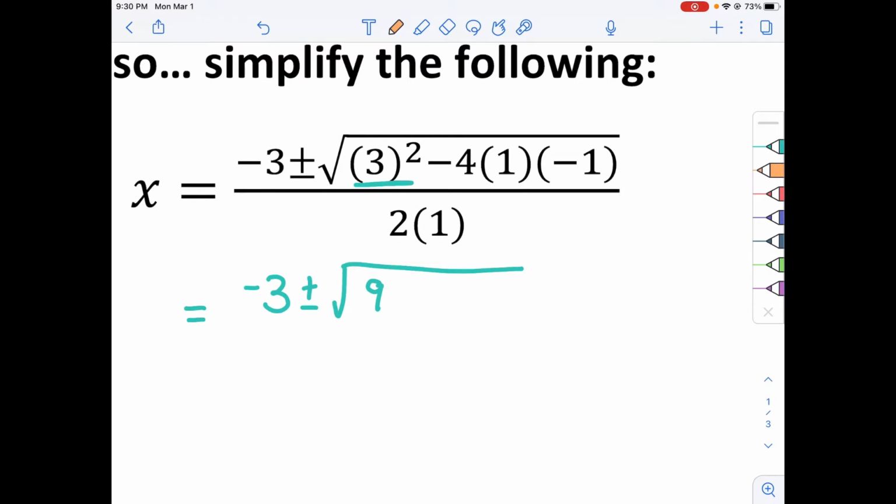We can also simplify this negative 4 times 1 times negative 1. If I'm typing this into my calculator, I'm typing negative 4, multiply 1, multiply negative 1. Negative 4 times 1 gives us negative 4, and negative 4 times negative 1 gives us positive 4. So we put plus 4. And then the bottom, 2 times 1, is just 2.